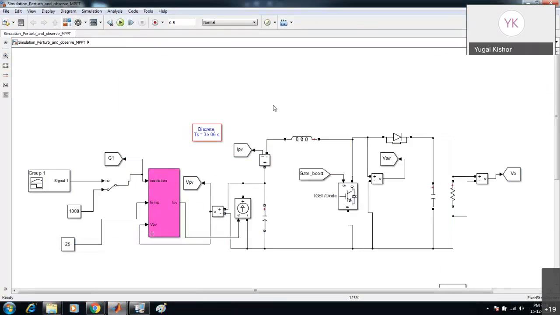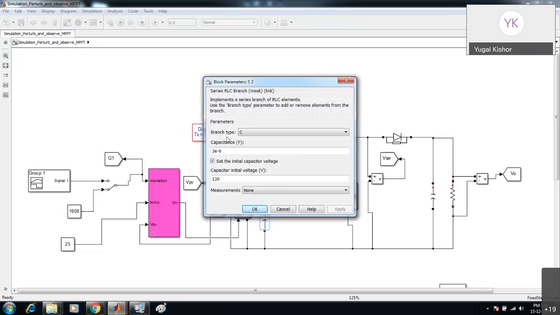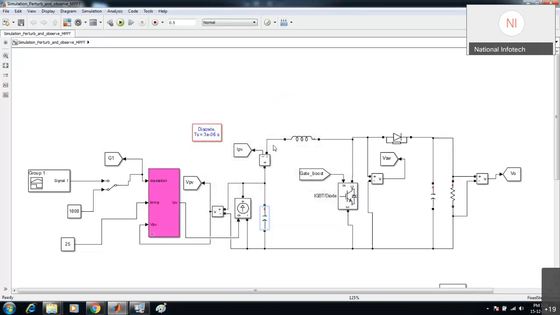Yes, sir, I have referred to that one. So the value of input inductance and the output capacitance is okay, but I'm not able to calculate the input capacitance. That is why I'm getting the wrong result at the output side. Yeah, but here we have kept it as a nominal value. This is just a 3 microfarad capacitor we have kept, just to minimize the ripples of the PV panel.